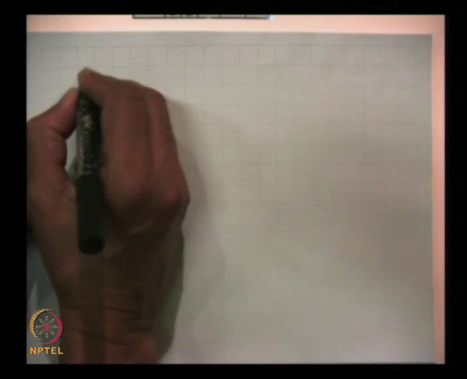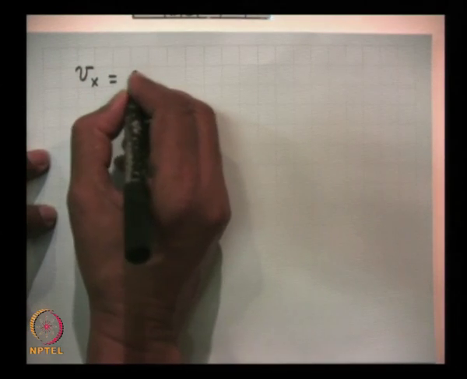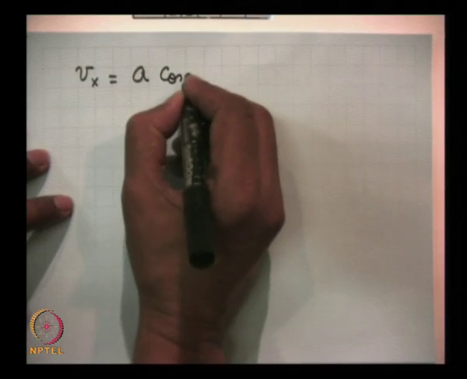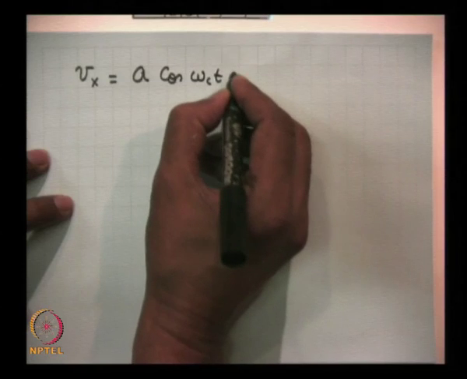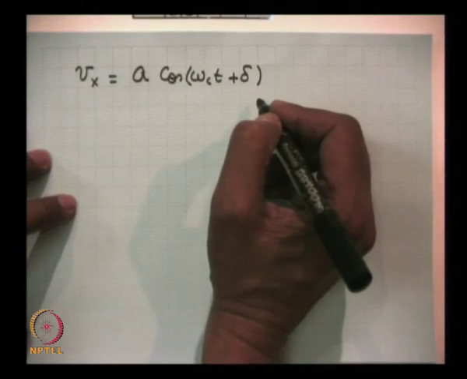That solution is Vx is equal to some constant, let me call this constant as A, cos omega ct plus another constant. A second order differential equation has two constants.